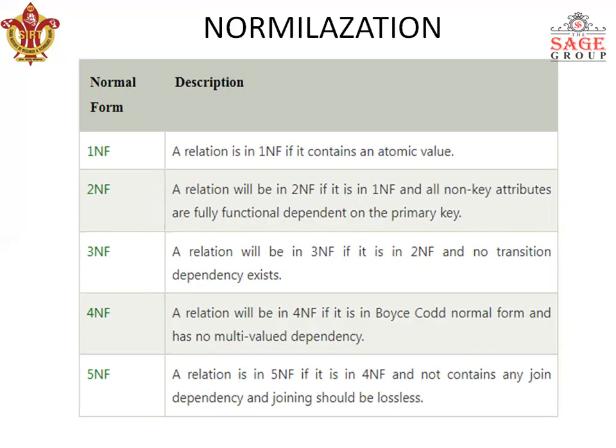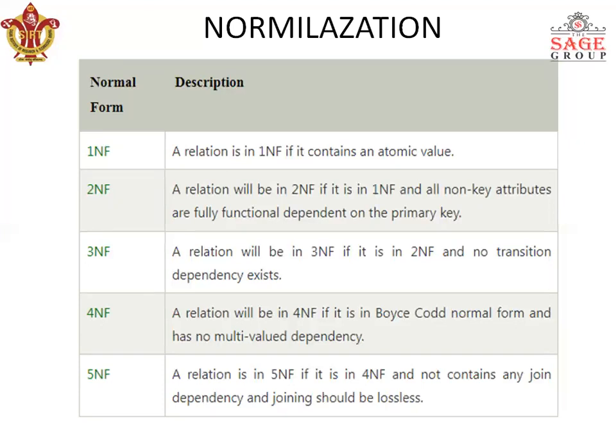Third normal form is related with no transitive dependency. Fourth NF is based on no multi-valued dependency. And a relation is in fifth NF when it is already in fourth NF and does not contain any join dependency, and joining should be lossless.